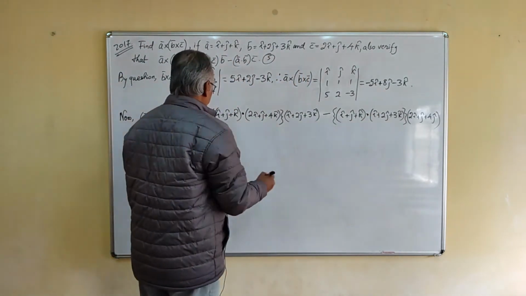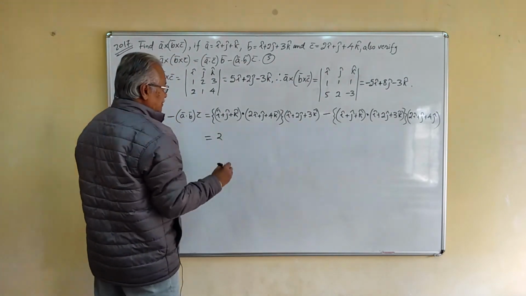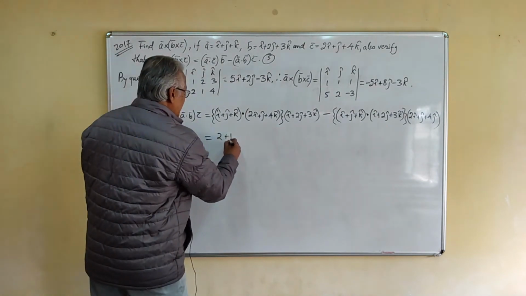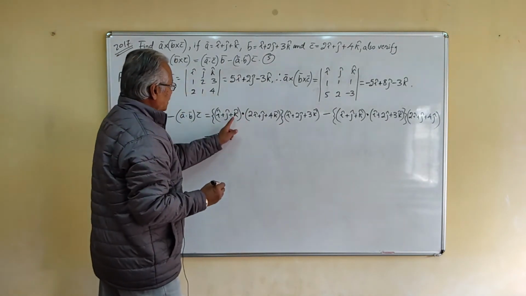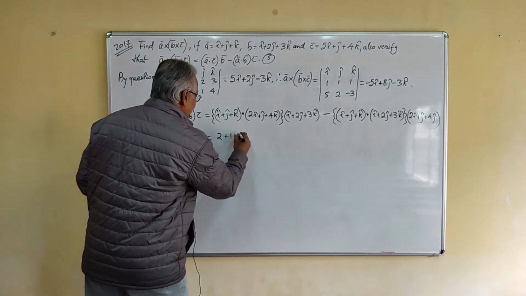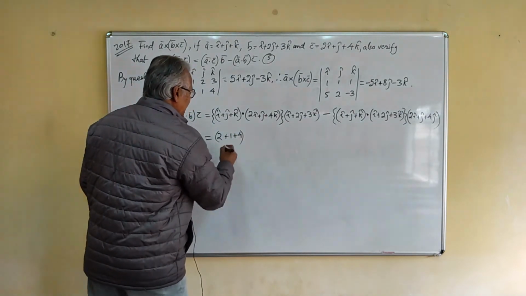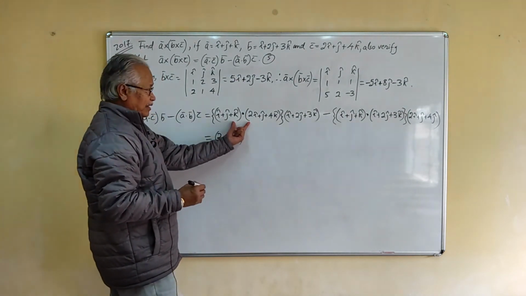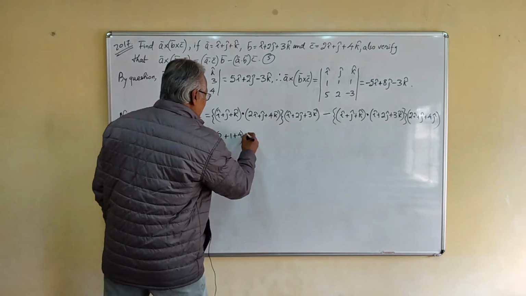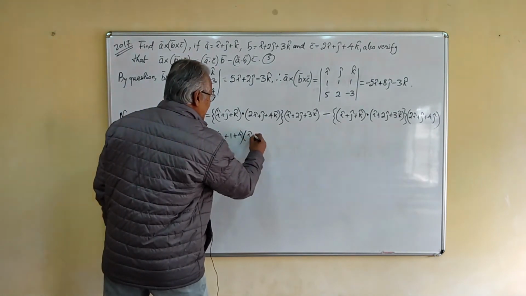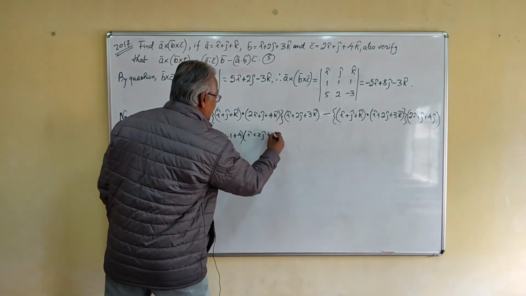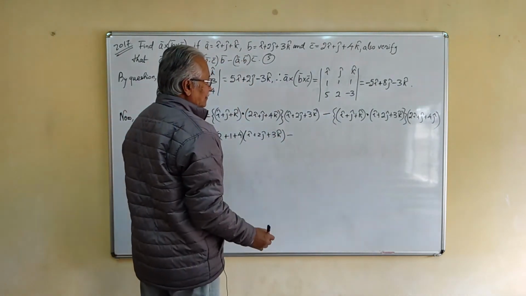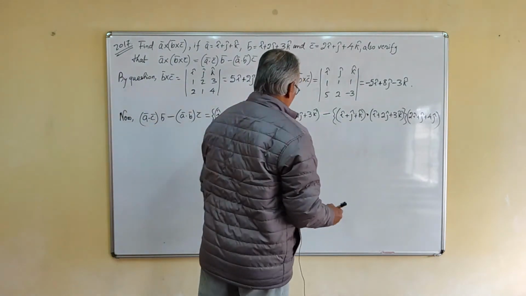So you get 2 here, plus 1 here, J dot J, and plus 4 here. That's right. It dwindles down to a number because it is a scalar product, and that is going to get multiplied with I plus 2J plus 3K. Subtract. Now let's have a dot product of this one.